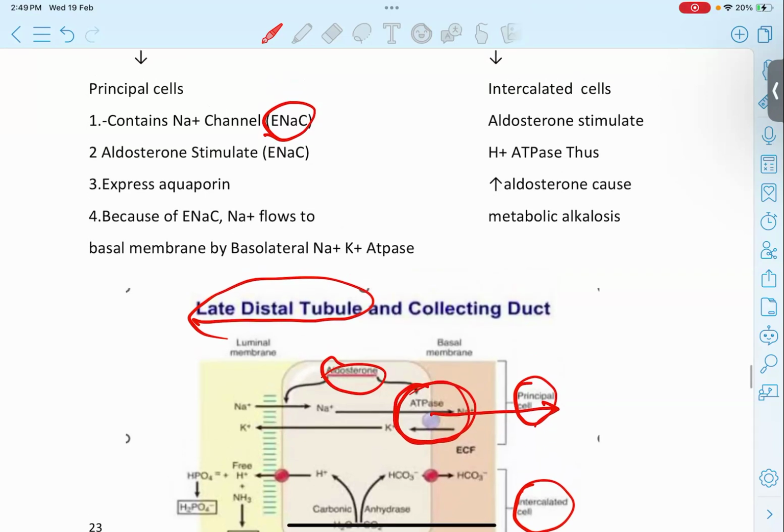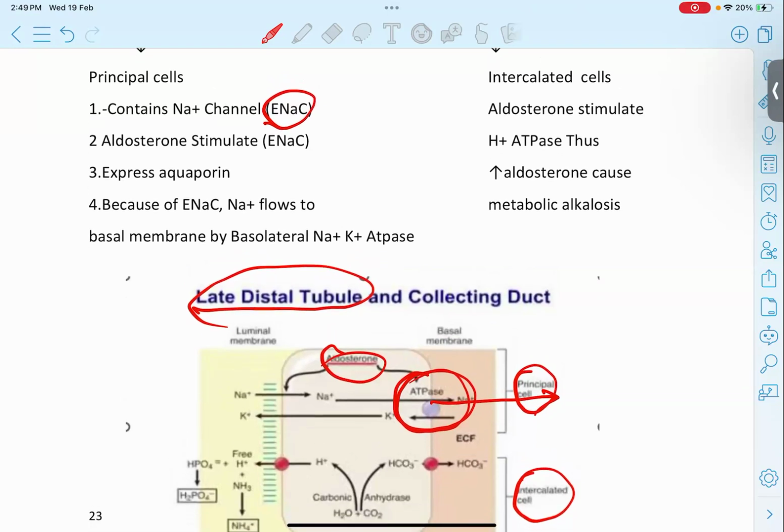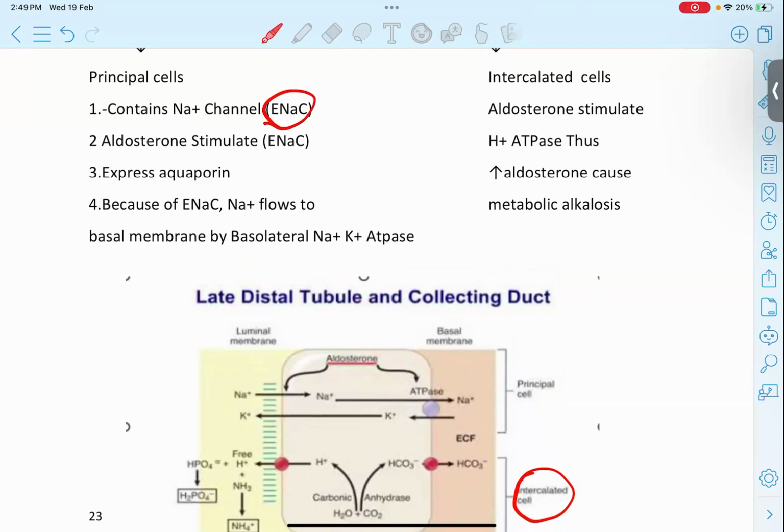So this is the function of the principal cell. If I have to summarize, the main function of the principal cell is sodium reabsorption and water reabsorption: sodium reabsorption through ENaC and water reabsorption through aquaporin.